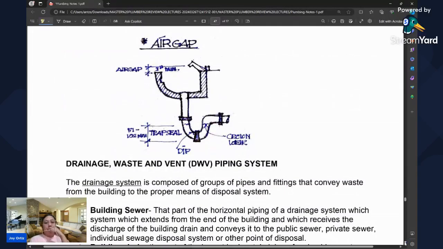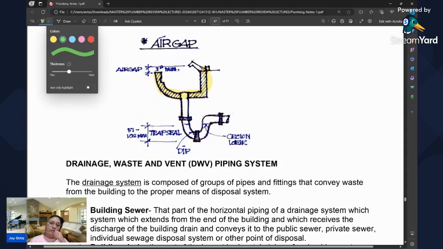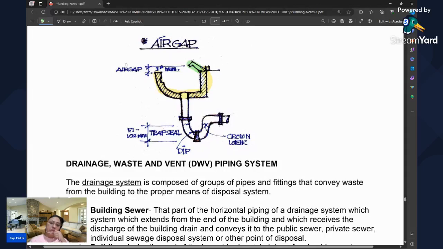Here's the air gap. Makikita natin, this is the lavatory, diba? Then, this is the pipe, and this is the fixture. And as we can see, there's an air gap of 3 inches. Ayan.